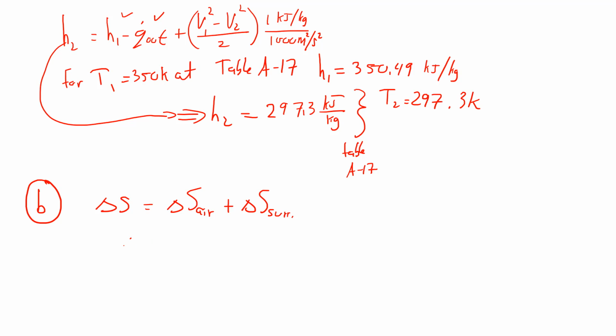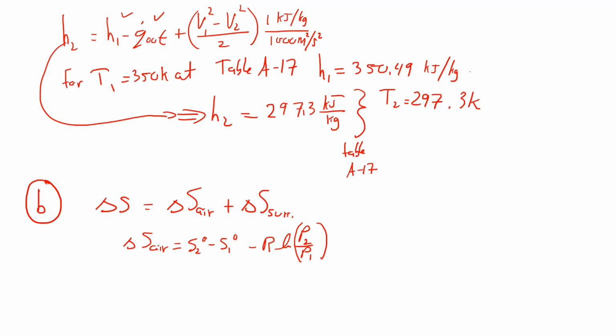Now, the change in entropy for the air will be the change in entropy for an ideal gas with variable specific heats. So that would be S2 naught minus S1 naught minus R natural log P2 over P1, since that is the equation for calculating the change in entropy of an ideal gas with variable specific heats.